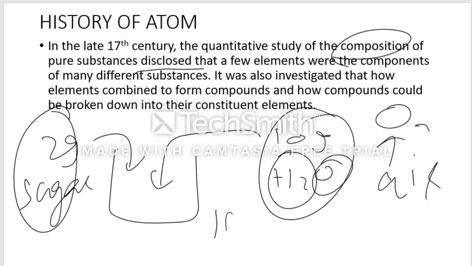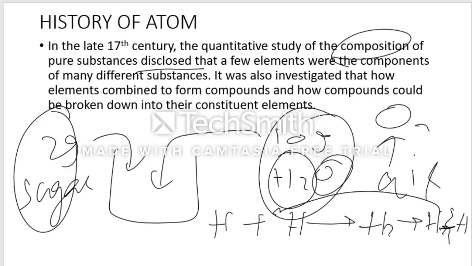For example, hydrogen atoms combine to form H2, an H-H bond. If I break it, we can come back to the original state as well. That's what he is saying in this statement.